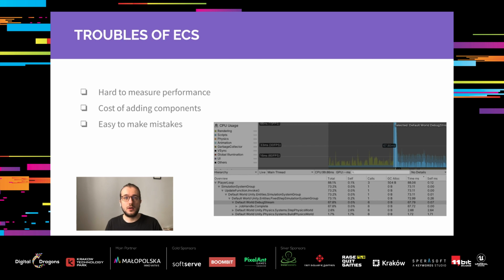An additional thing was the huge cost of adding components to entities. We wanted to add components to act like flags to inform about the state of an entity. For example, if an entity is dead or on fire, you could just add a component and change state. But the cost of this operation was very high because of how ECS works.